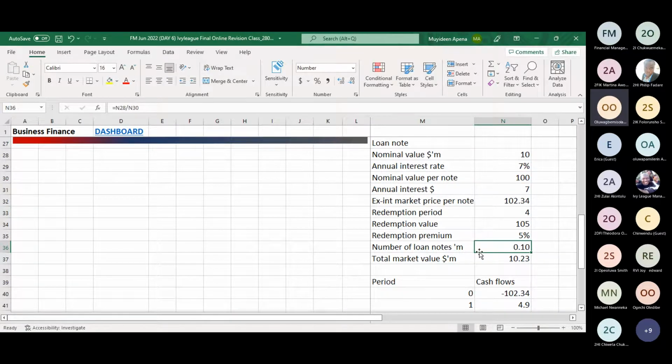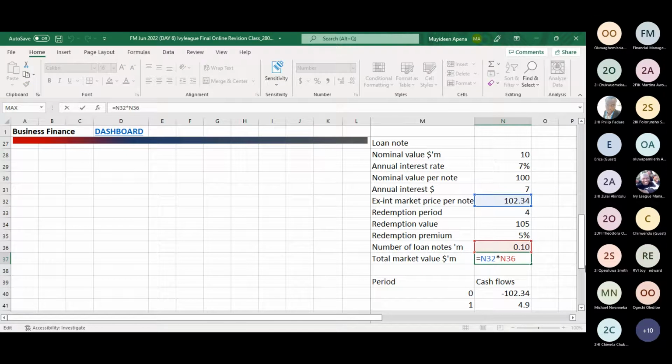Sir, please can you put the cursor on the 10.23? Is that fine by you? Yes, thank you, sir.